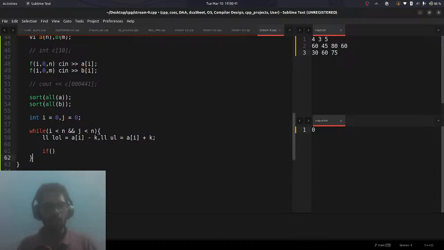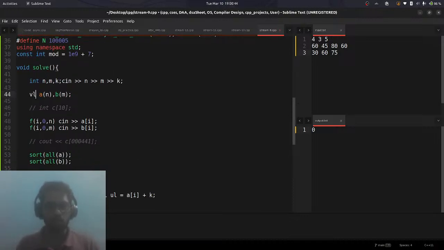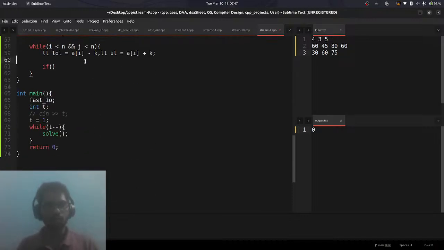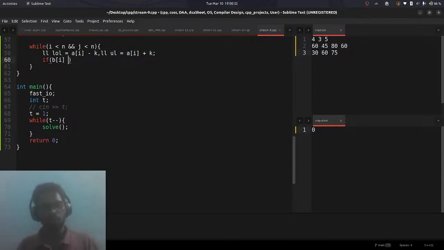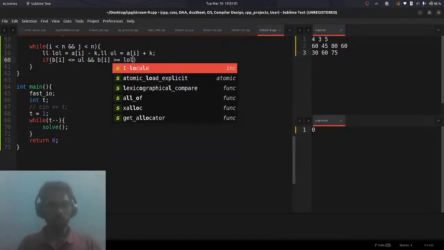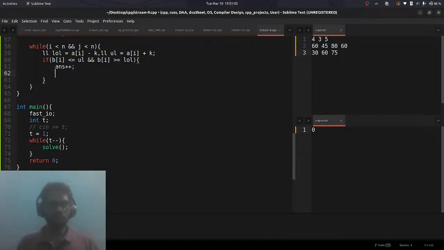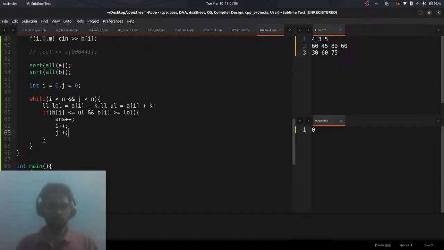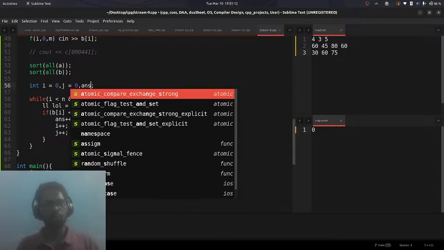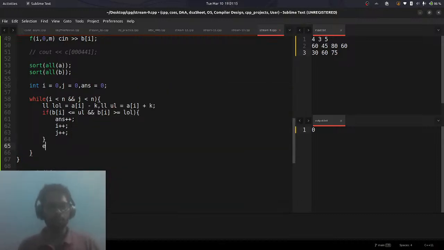And if B[i] lies between the lower limit and upper limit, the answer will be incremented. Otherwise, we have two choices.